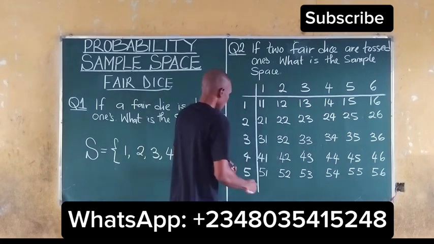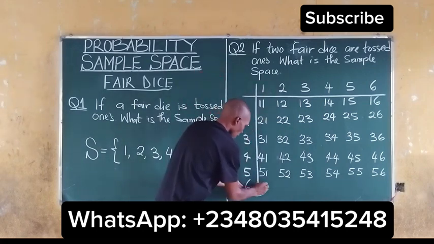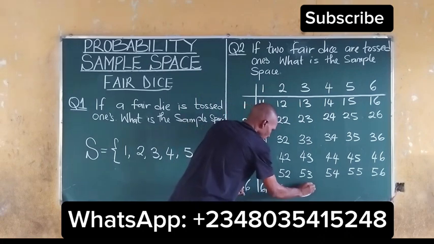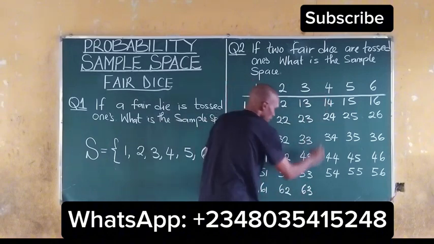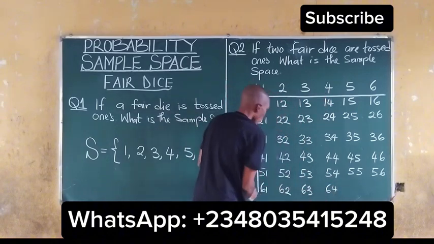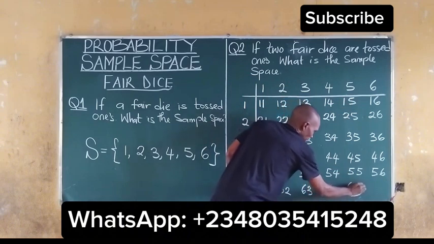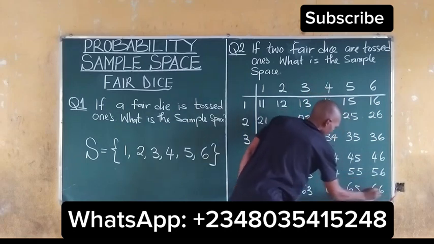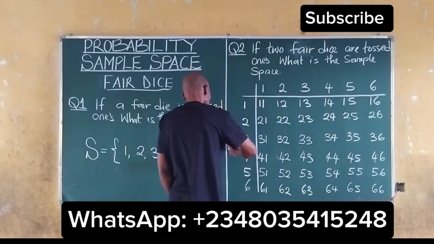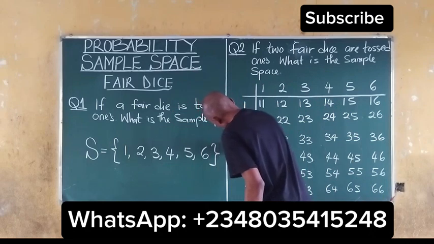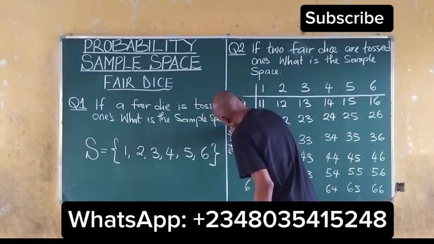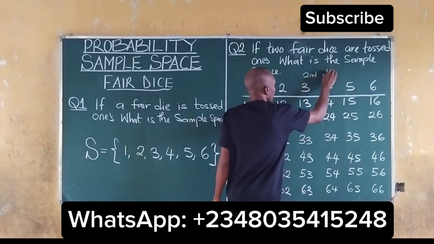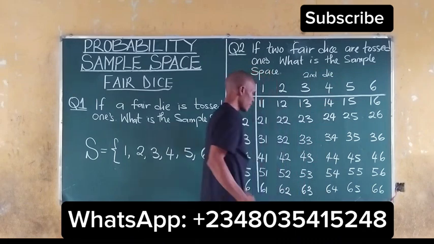And lastly, if you throw this and this, you get 6,1, or 6,2, or 6,3, or 6,4, or 6,5, or 6,6. So this is the first die, and this is the second die.